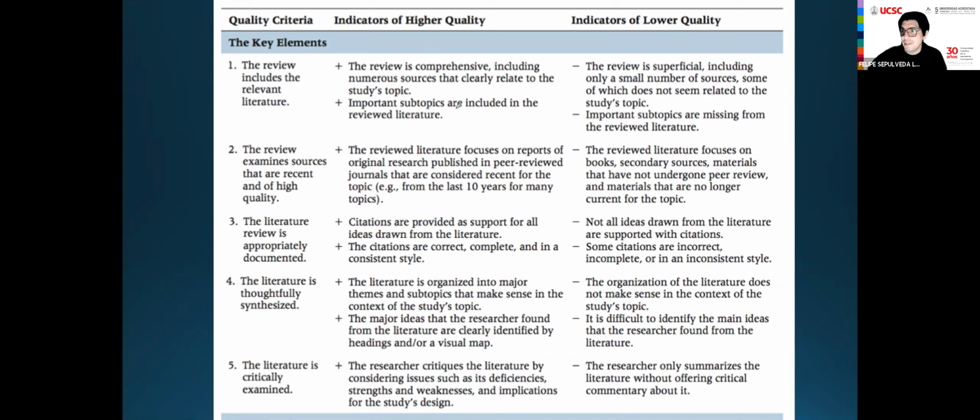It's important that the sources that you're using come from high quality and academic material. So you include different sources, okay, the quality of the source, and also subtopics are included. And that means how you organize and develop that work.